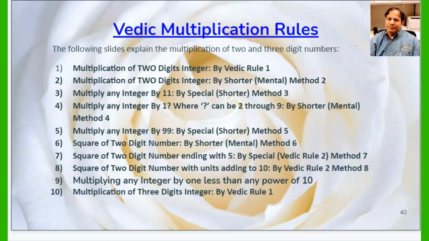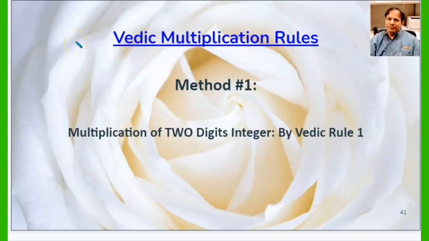Now, we also discussed the square of two-digit numbers, and there are three methods enumerated here and other special cases. So let's dwell into these methods and see how multiplications are done. The method number one is a general one where it shows the multiplication of two-digit integers.